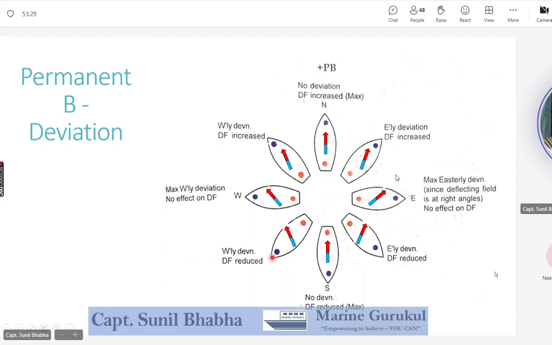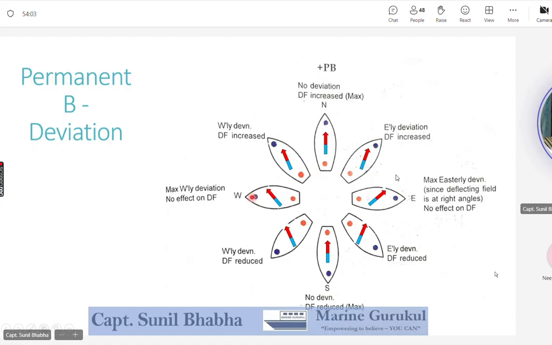When the ship goes on southwesterly heading, you can now see that the blue pole at the bow repels the blue end of the compass needle. Similarly, the red pole at the stern of the ship repels the red end of the compass needle, generating a westerly deviation. When the ship is heading in the westerly direction, this westerly deviation becomes maximum because the poles of the ship are at right angles to the poles of the earth.